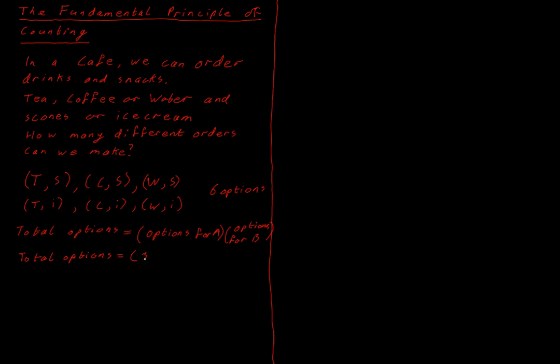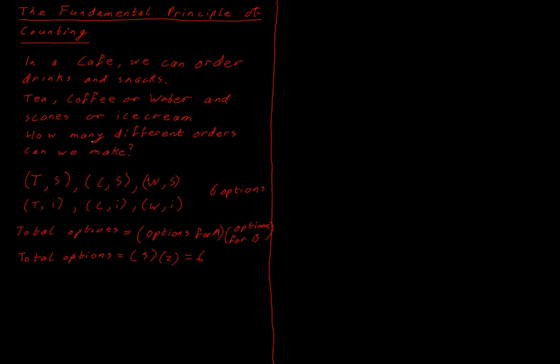We have 3 options for our drinks. That's what I've called options for Group A. Group A was our drinks, and Group B was our snacks. So that's scones or ice creams. That's 2 options, and 3 by 2 is 6. So by multiplying the number of different options we have for each group of things, we can find out how many options we have in total.